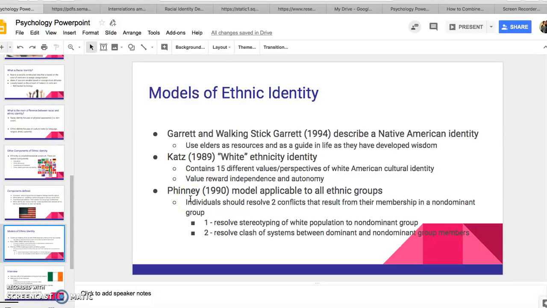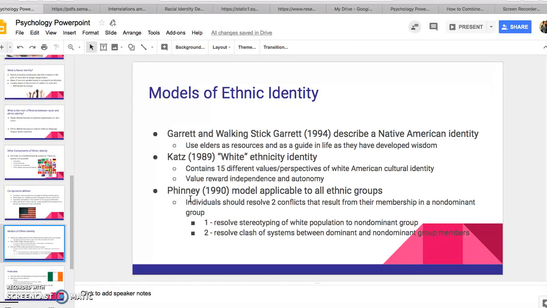Okay, so models of ethnic identity. I found these in an article that I came across, and I thought that they were just good examples of ethnic identity. So I have 3 listed here. There's one, Garrett and Walking Stick. Garrett described a Native American identity.